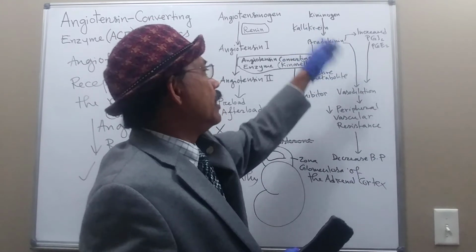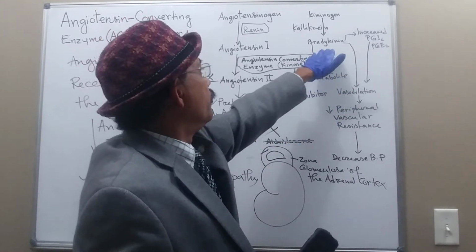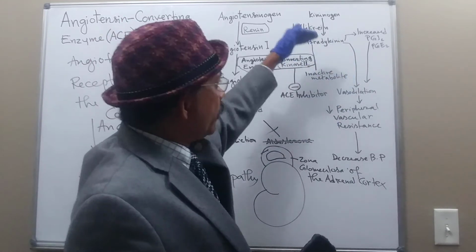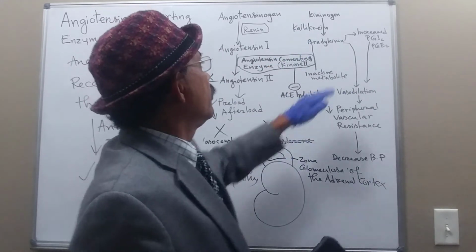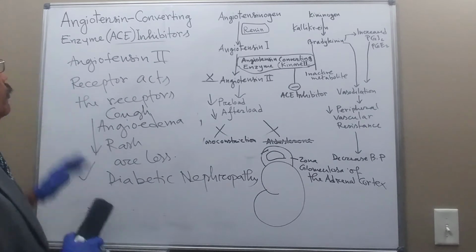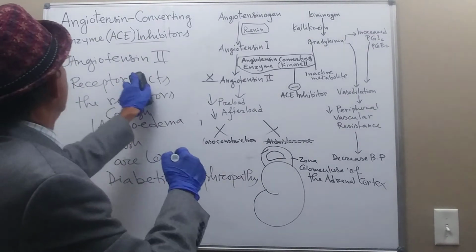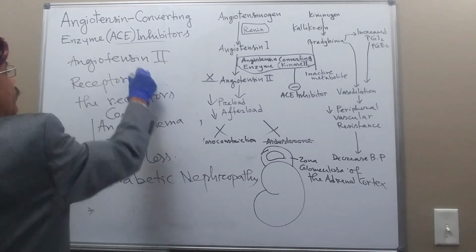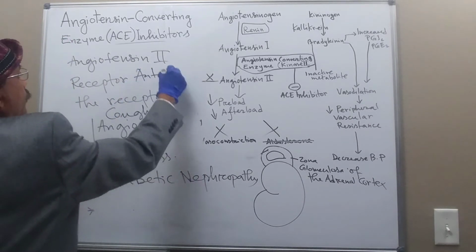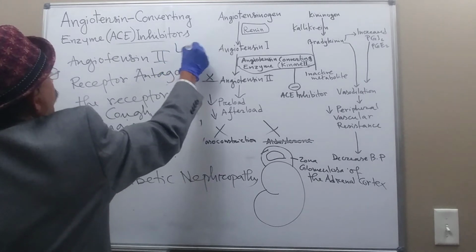Bradykinin will be very quickly inactivated, so bradykinin will not remain in our system. These are the angiotensin 2 receptor antagonists, like losartan.